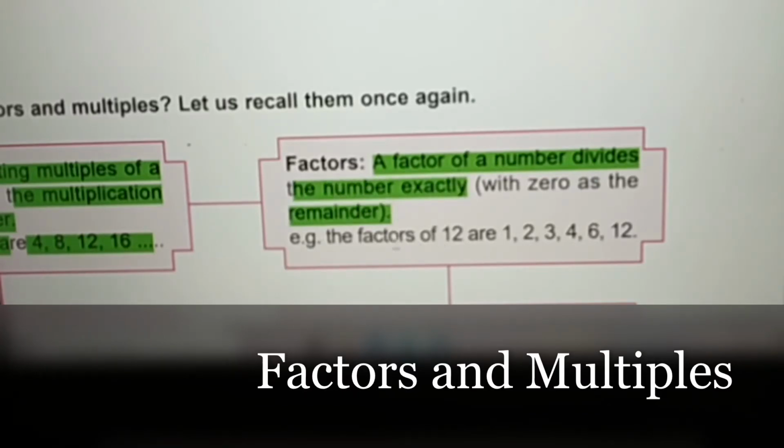As for example, when we have to find the factors of 12, we have to divide it by the numbers lesser than 12 by which it is divisible. As for example, 12 is divisible by 1, 2, 3, 4, 6 and 12. So these are the numbers which are the factors of 12.